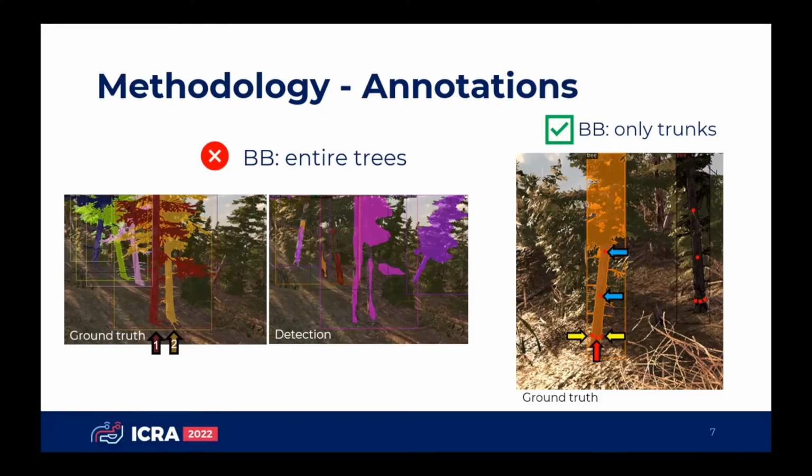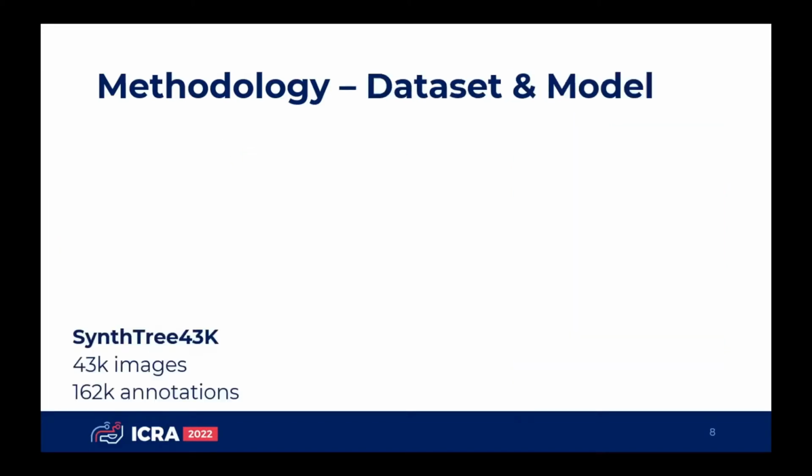And so all the annotations you see on the right are the ones we use in all our experiments. So with that, we generated over 43,000 images and 162 annotations, and we called our dataset SIGN-Tree43K. Here are some samples from the dataset.